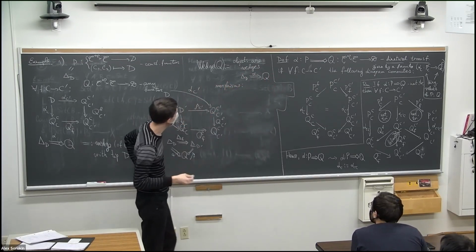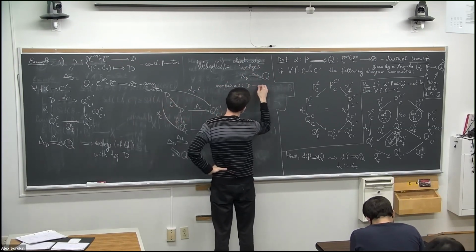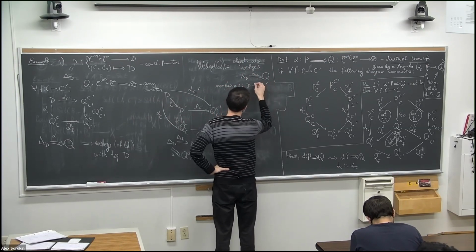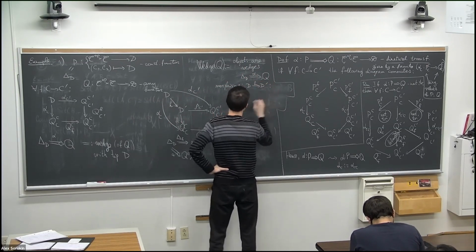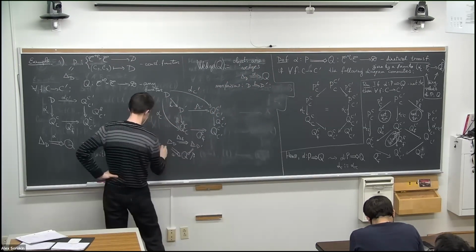Morphisms are given by D to D prime such that the triangle commutes.